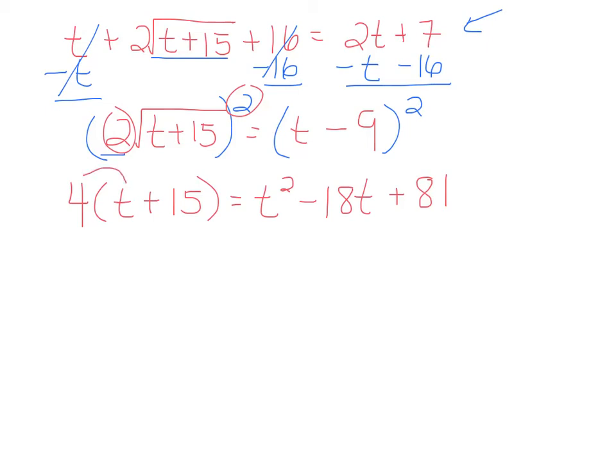Now let's distribute this 4. Now let's get everything on one side and set it equal to 0.